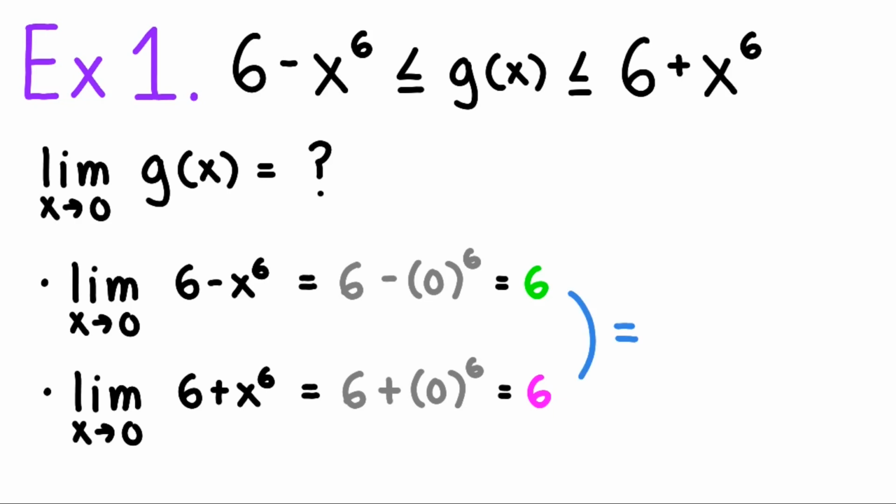So it follows that by squeeze theorem, the limit of g of x must also be equal to 6. And so this out here is the answer for this problem. I hope you got that one correctly.